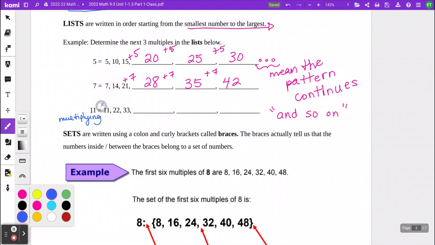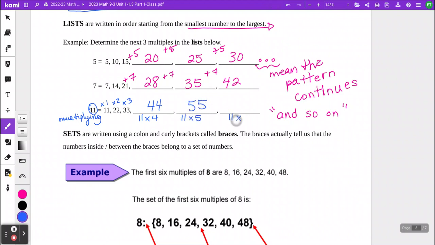The 11 was times 1, times 2, times 3. Now I'll go 11 times 4 and get 44, 11 times 5 and get 55, 11 times 6 and get 66. So there are a number of different ways you can create multiples.